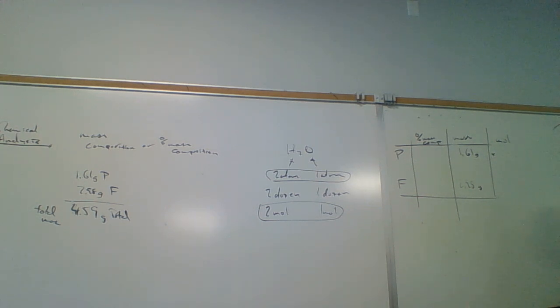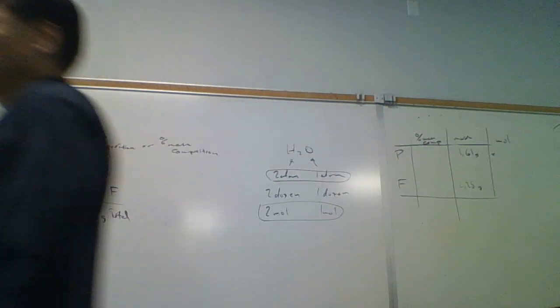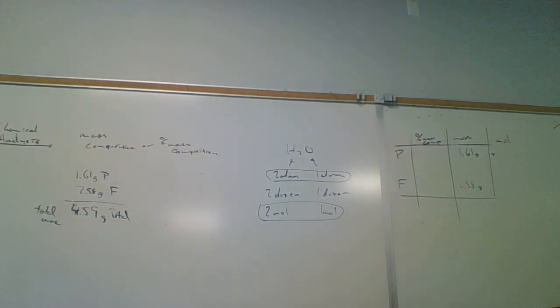And the molar mass of phosphorus, we can just get off the periodic table. Let's take a look at phosphorus. It's 30.974. So I'm going to say 1 mole of phosphorus is 30.97 grams of phosphorus.